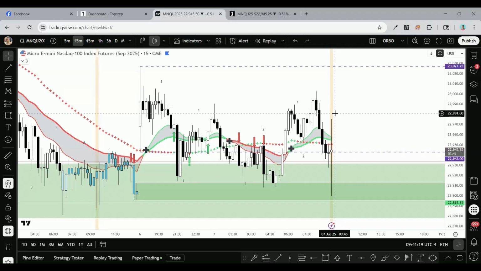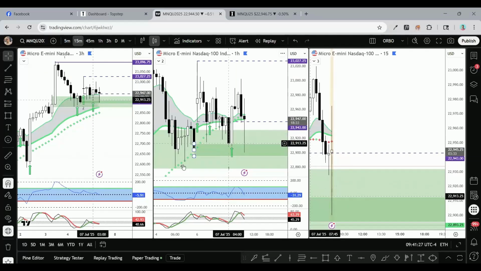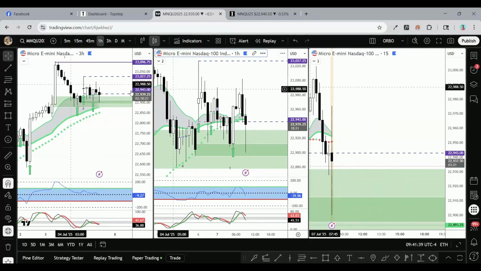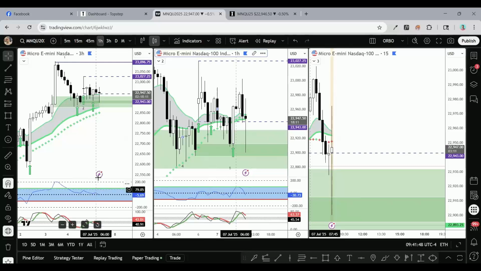We do have the uptrend on the 1 hour, right? We recalculated. Here's that fourth wave, and we wanted the hourly to recalculate so that it can continue the move up here. We're early in the trend on the 3-hour chart with the proper amount of momentum.